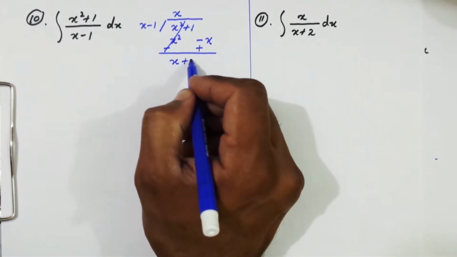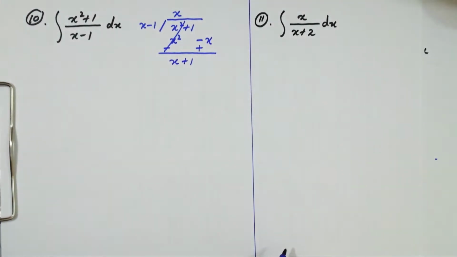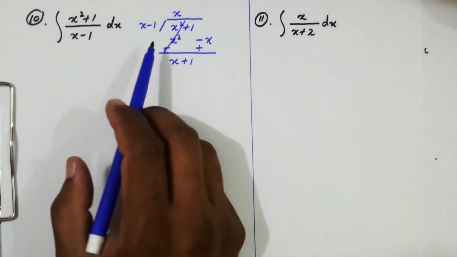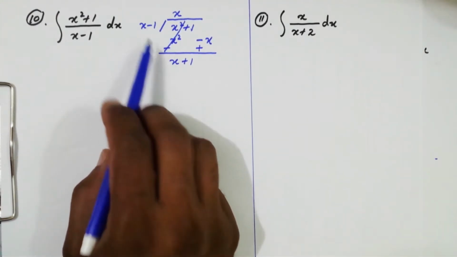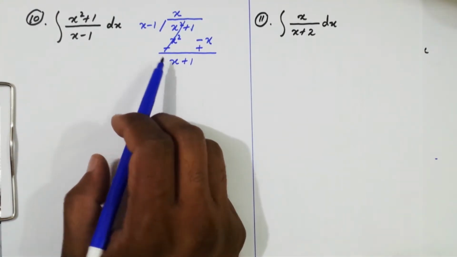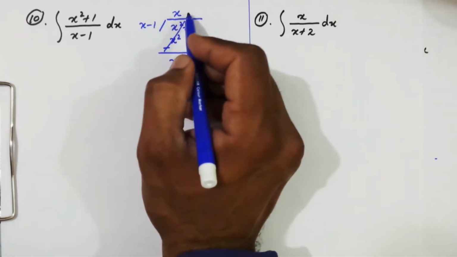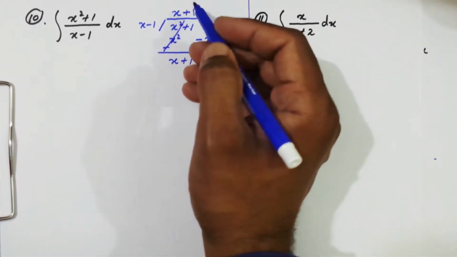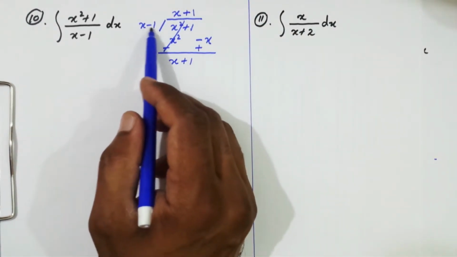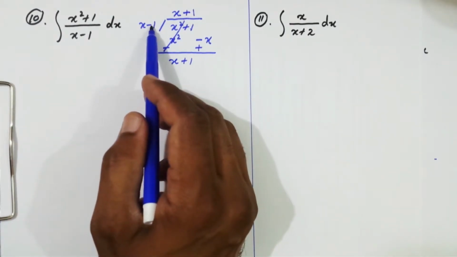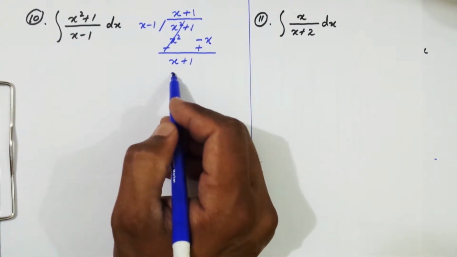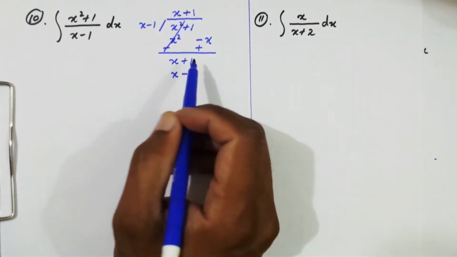and positive 1. After that you are looking at both terms are the same, so you will multiply this term with positive 1. Now multiply these terms with 1, we get x minus 1.